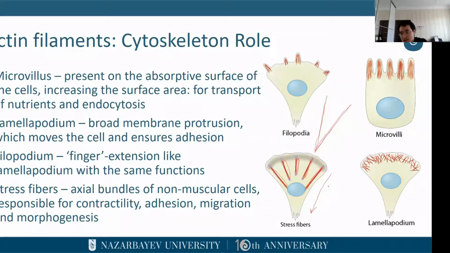It contracts, trying to avoid this needle because it senses the danger from here. So this part is not fine with this needle. And since it starts contracting, finally we get something like that.